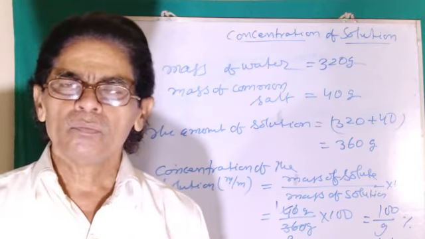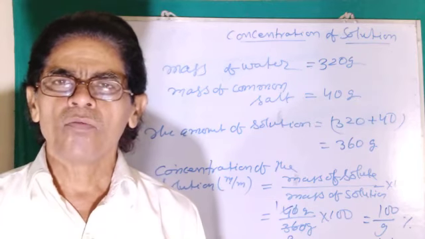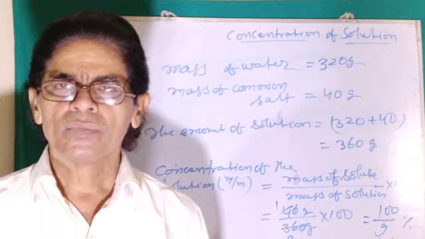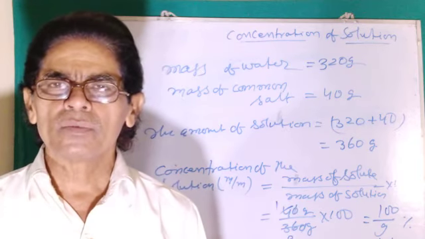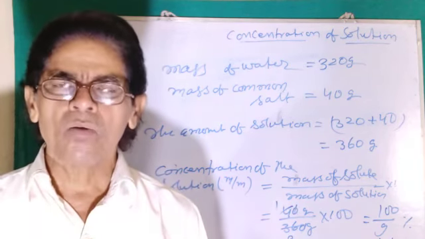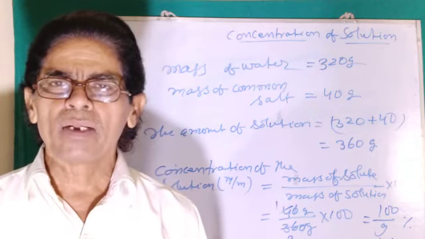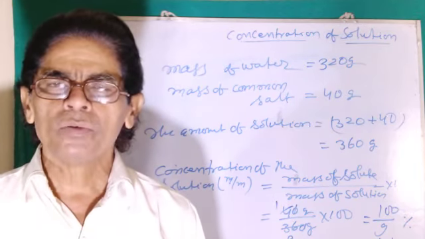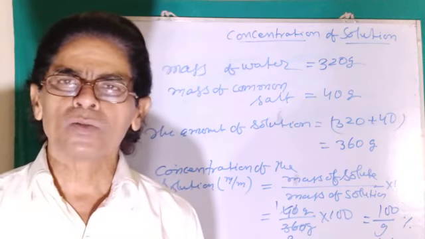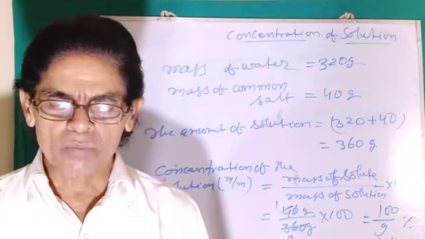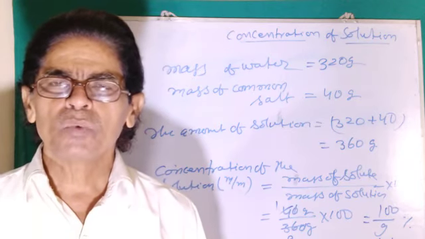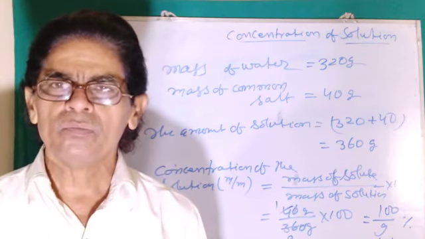Now, another feature of colloidal solution is known as electrophoresis. Electrophoresis means the separation of colloidal particles at the respective electrode when electricity is passed through the solution. Means a splitting of colloidal solutions into dispersed phase and dispersion medium.